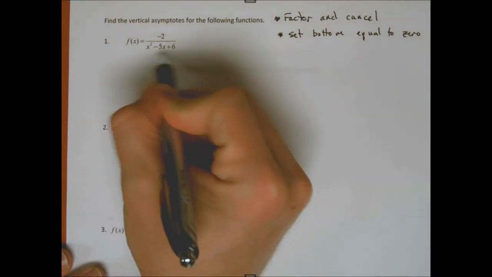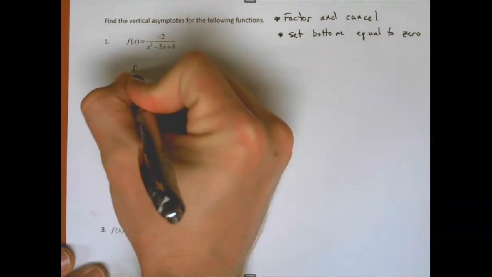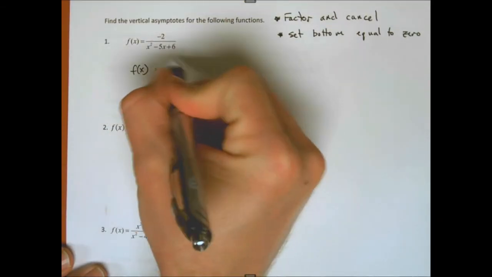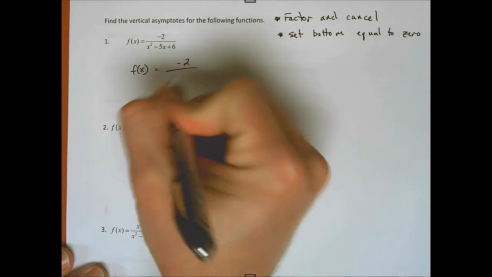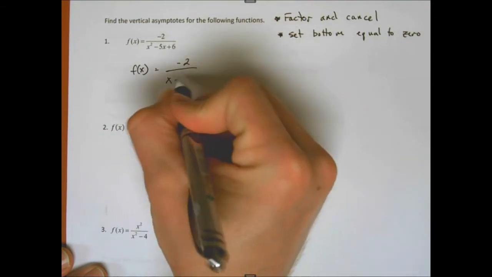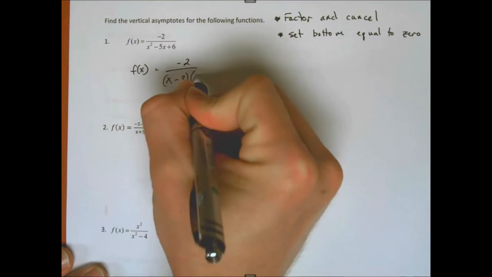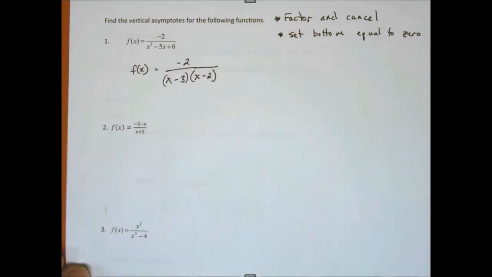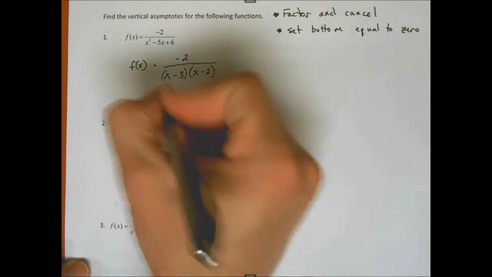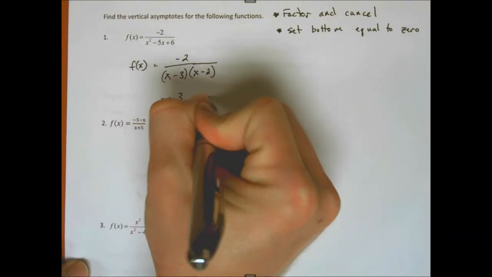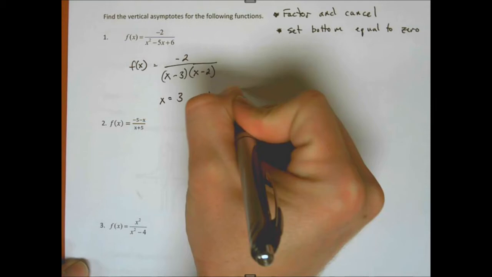So here, for this bottom, we need two numbers that multiply to 6 and add to -5. And those numbers are -3 and -2. And then when we set both factors equal to 0, we get x is equal to 3 and x is equal to 2.